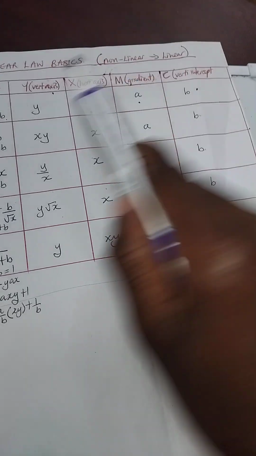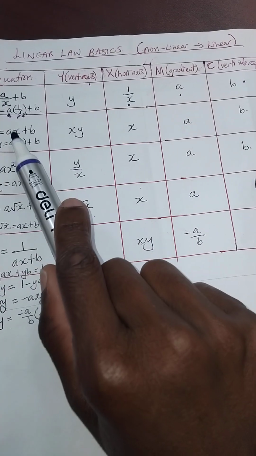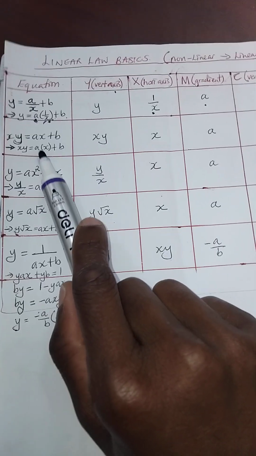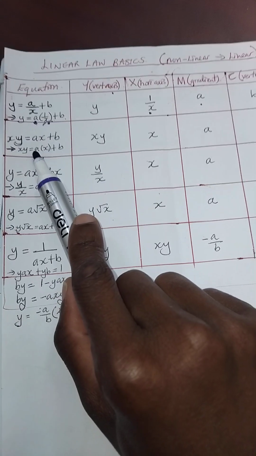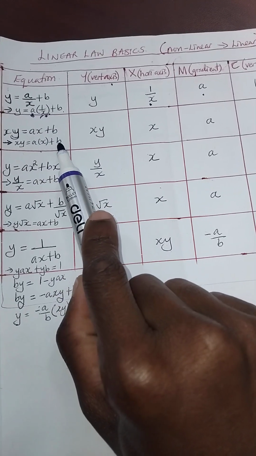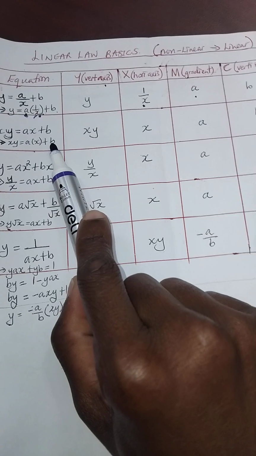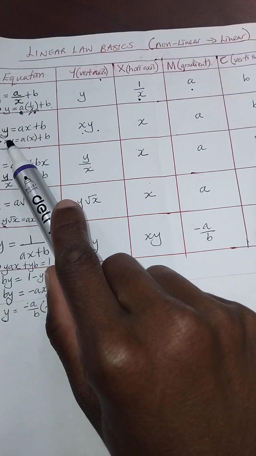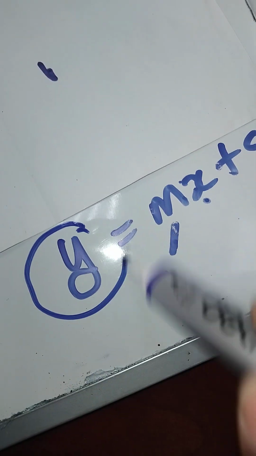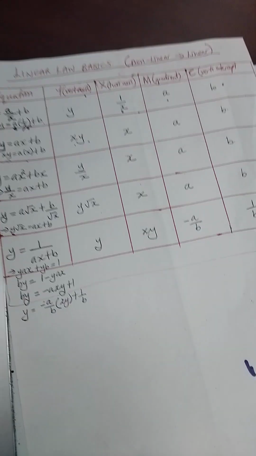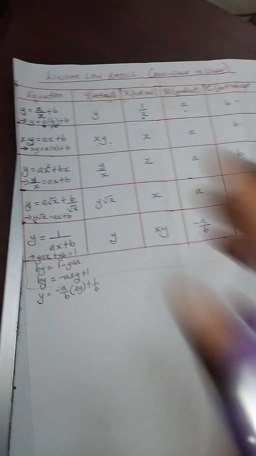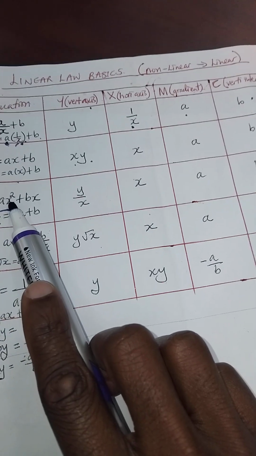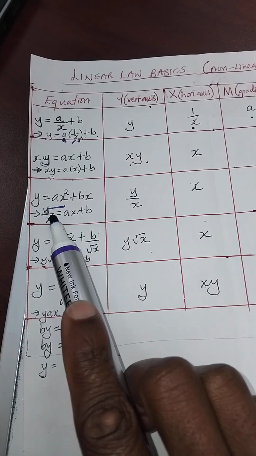Then next, xy is equal to ax plus b. Here the gradient is a and the y-intercept is b, so the y-axis is xy. Then y is equal to ax squared plus bx.